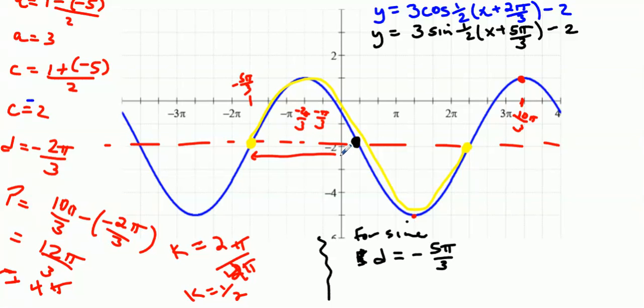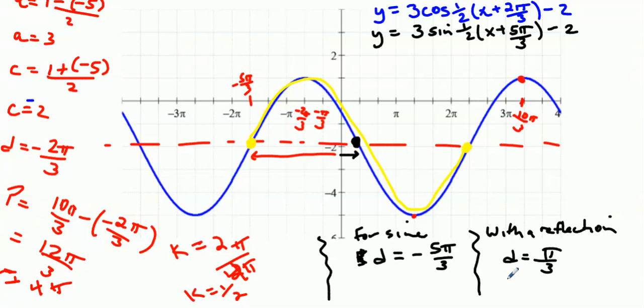So if I wanted to incorporate the absolute smallest phase shift, I would consider that to be my smallest phase shift, which of course is just positive pi by 3. So another option here, with a reflection, we can say our d is going to be positive pi by 3.